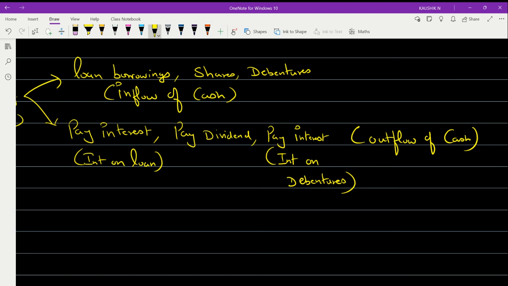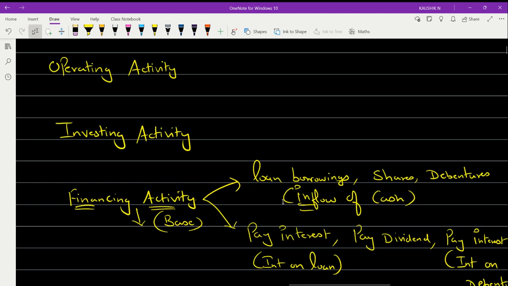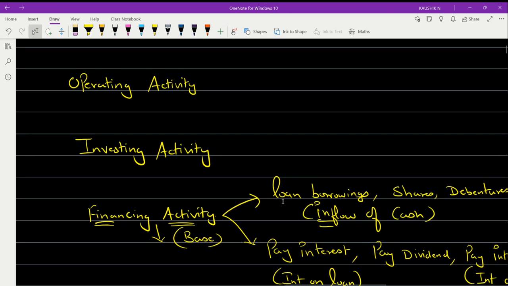So basically, in cash flow statement, we will be learning these two things, that is inflow of cash and outflow of cash under various activities. Let me make you understand how it is going to be in investing activity. Once you have mobilized the finance, what you have got will be applied on some of the fixed assets which are essential to carry out your business.